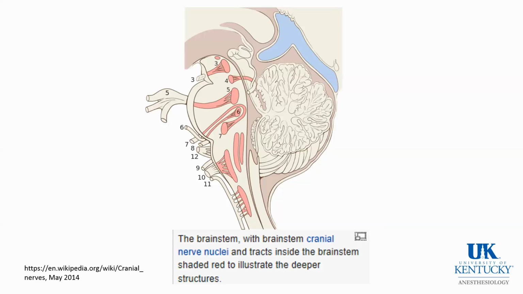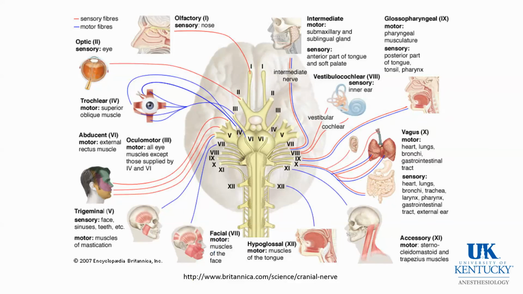And this is a lateral view of the ganglia and the cranial nerve nuclei and where they exit to become the cranial nerves. And this is a detailed depiction of the distribution of the cranial nerves and their function.